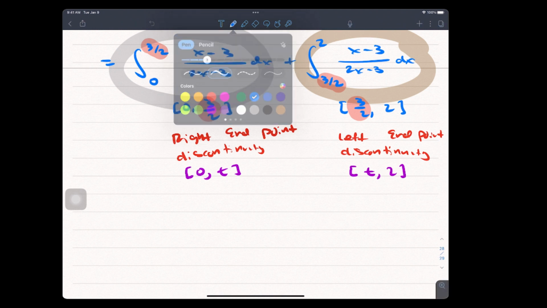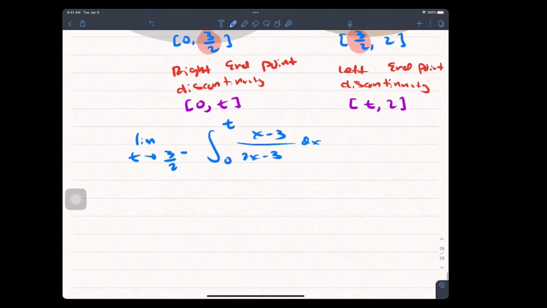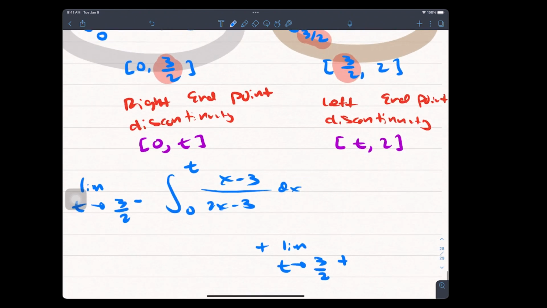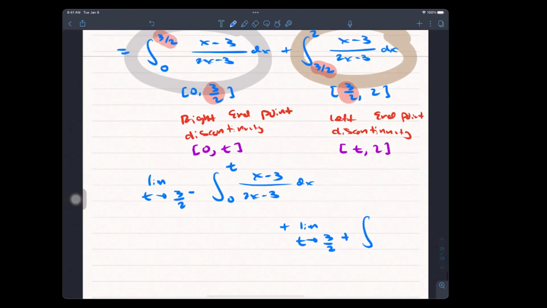So for this integral, you say, okay, that's the limit as t goes to 3/2 from the left, integral from 0 to t of x minus 3 over 2x minus 3 dx. Plus, this is the second one, the limit as t goes to what? 3/2 from the right, because you have a left endpoint discontinuity now.